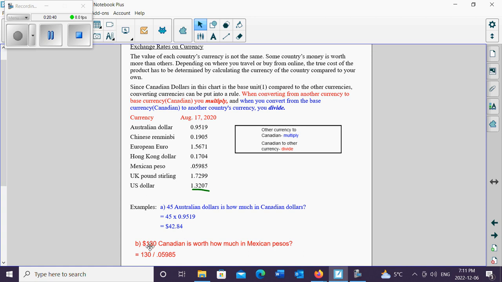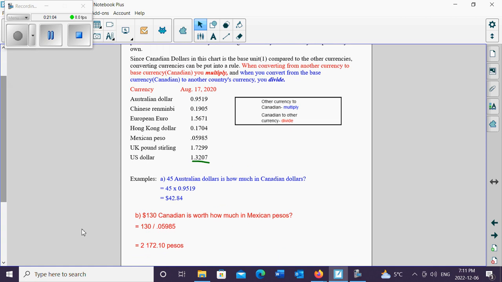Similarly, we're going to go Canadian to Mexican pesos. So this way we're going to divide because we're going from Canadian money, or our base number, to a different currency. So it's 130 divided by whatever the Mexican peso was, which was 0.5985. I hope I finished the question.